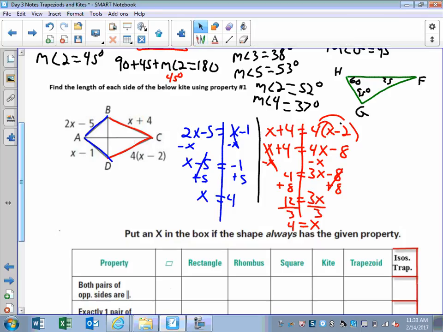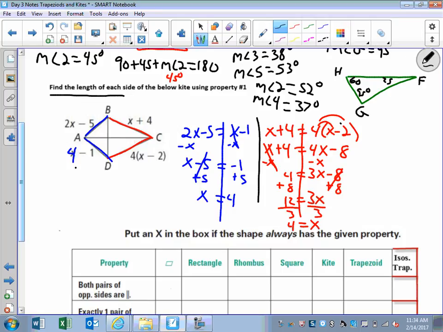Now if we look at what we need to do, it says find the length of each side. Okay. So we're not done just because we found x. But now we know we can plug in 4 for x. So instead of x here, we can put 4 minus 1. So we know that this side has to be 3. Now if that side is 3, then the other blue side has to be 3 as well because they're the same.